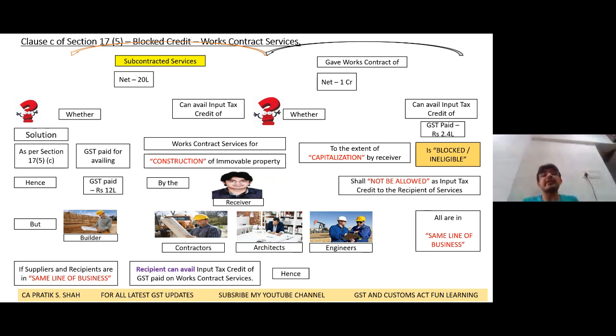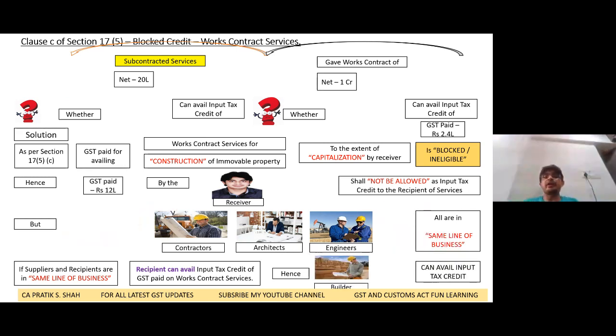Hence, you can take the ITC of whatever GST you have paid of 2 lakh 40. So it is just like that catering example. Works contractor to works contractor, ITC is allowed. Works contractor to any other person, ITC is not allowed. Clear? This is how you need to remember it.